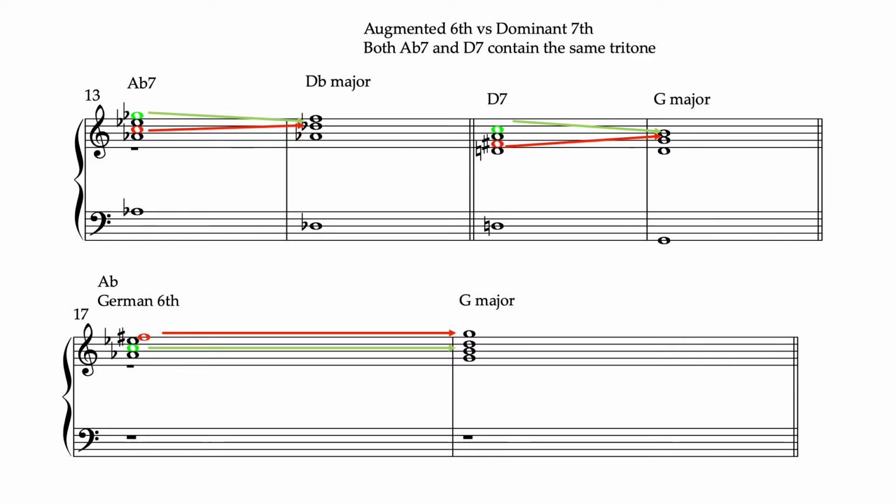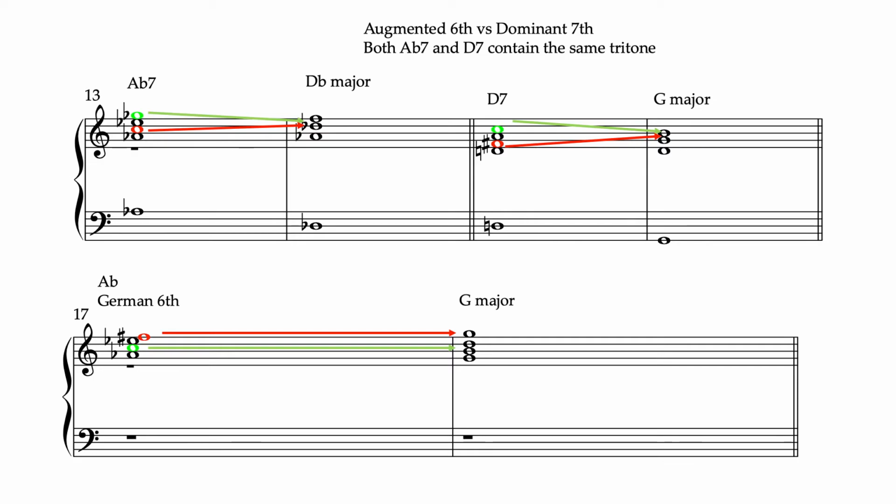And so we can take an A flat dominant 7th and kind of resolve that tritone outwards to G major. So instead of going A flat 7 to D flat major, we can go A flat augmented 6th to G major.